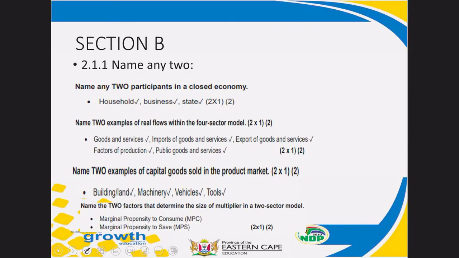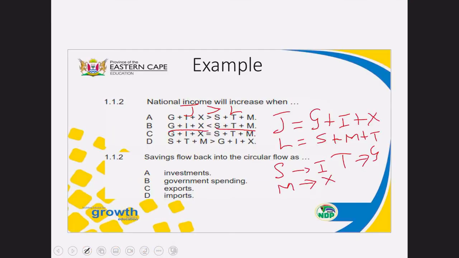Now, let me come to section B. Maybe before I come to section B, let me just make mention of the question that says match column A with column B. When you match column A with column B, it is always advisable to go through the information that is given in column A, the concepts that are in column A, and read the statements that are in column B, so that you are familiar with what you have in your table.